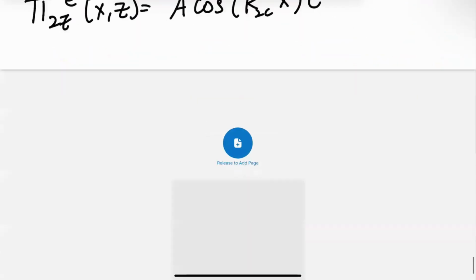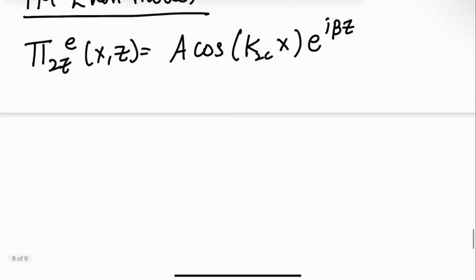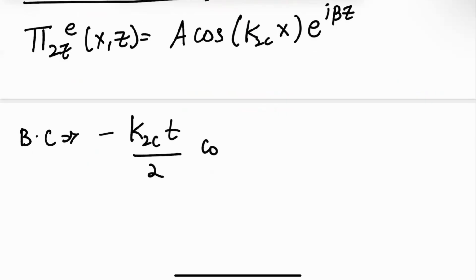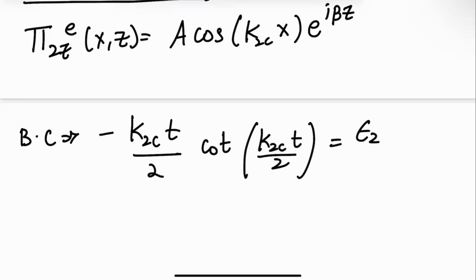And then psi_1z, psi_3z look the same. So you apply boundary conditions and you get a dispersion relation that is cotangent instead of tangent, with epsilon2 over epsilon1 mu t over 2, right?